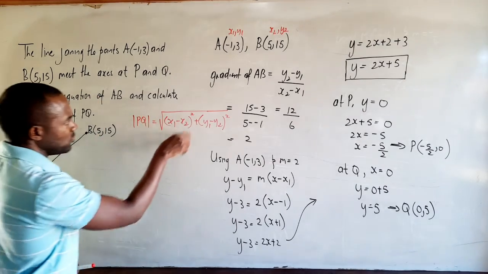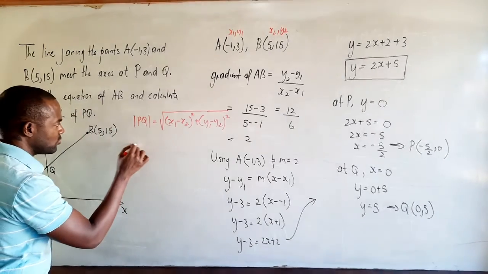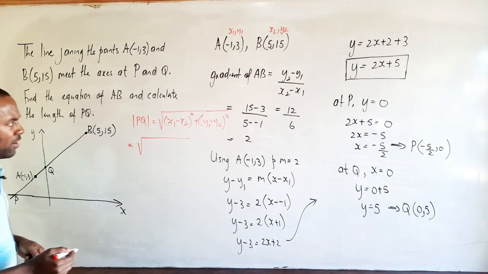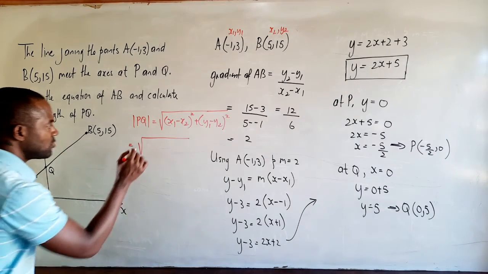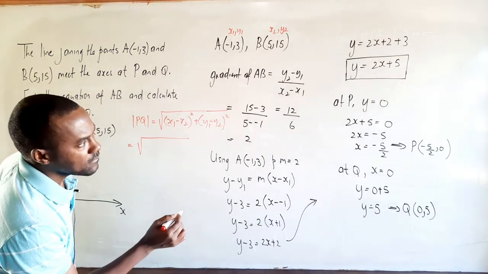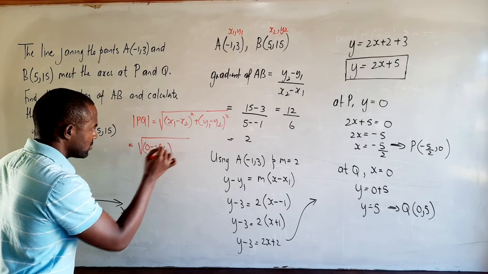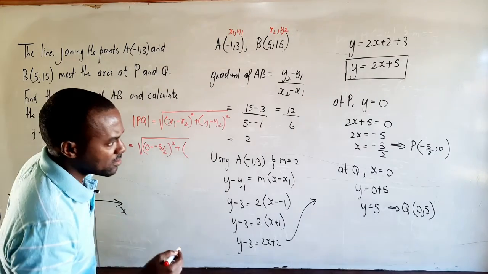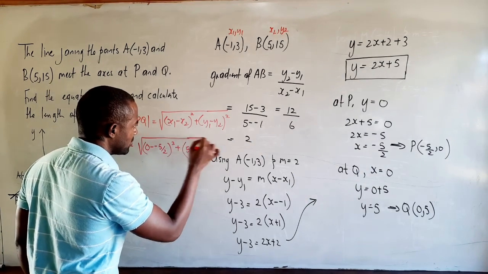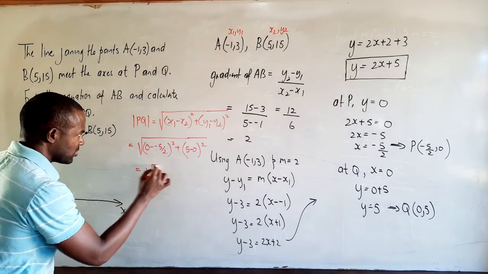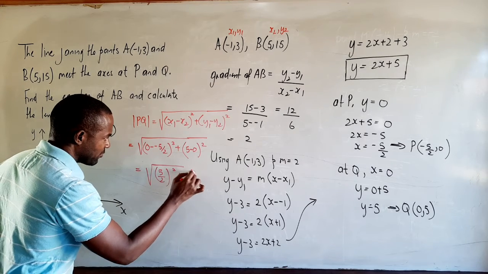So the length of PQ is equal to the root of (x1 minus x2) all squared plus (y1 minus y2) all squared. This is the root of (0 minus (-5/2)) squared plus (5 minus 0) all squared, which is the same as the root of (5/2) squared plus 5 squared.